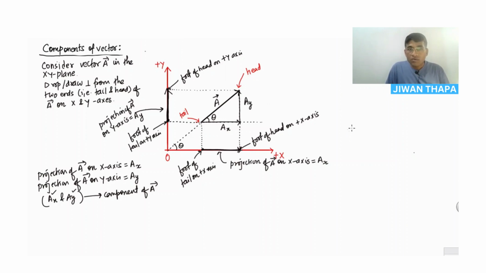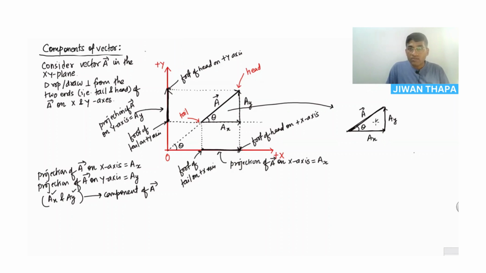Now I'm taking this triangle over here. This is AY and this is AX, and this is vector A. And this angle is theta.